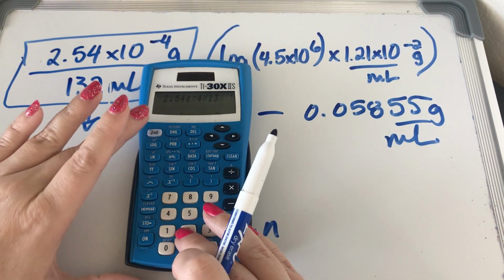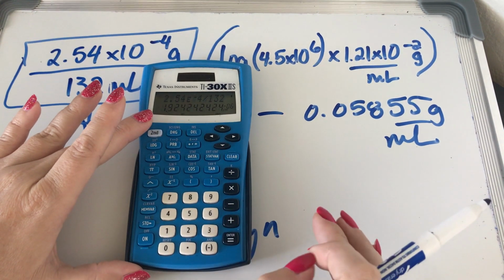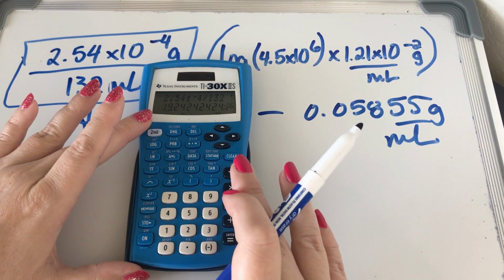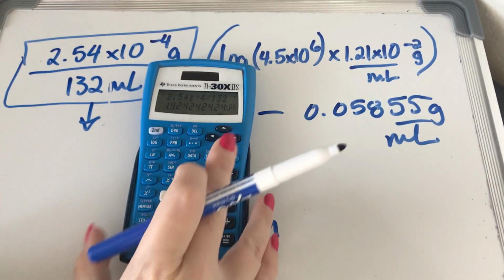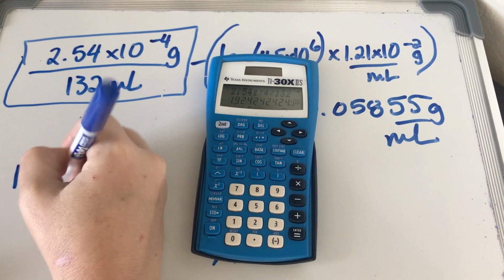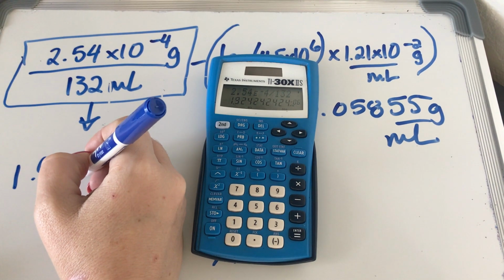So 132, equals, cool. So it's giving me this horrible, ugly number, which I can write down here, 1.92. I'm going to round now.